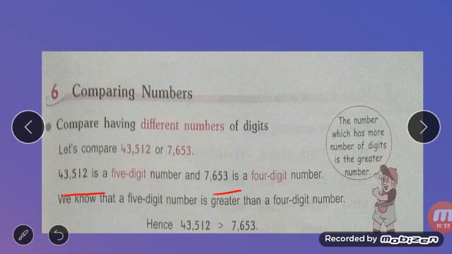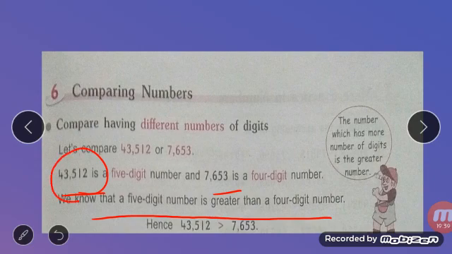We know that a 5-digit number is greater than a 4-digit number. This is a 5-digit number, so this is greater. So the fish will open its mouth, the crocodile will open its mouth on that side, because this number is greater, and the crocodile will say that I will take more.